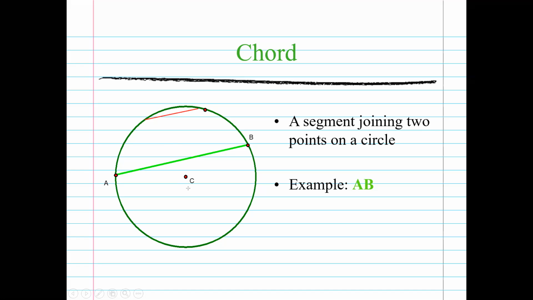The length of this chord would be much less than the length of this chord. But if I draw two diameters on this circle, the length of these two lines would be equal, but the length of these two chords would not be equal.